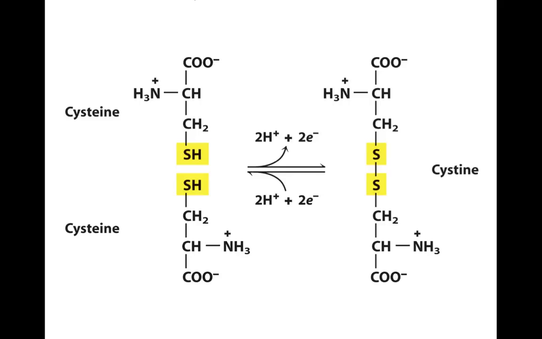We could also define oxidation and reduction in terms of the gain or loss of electrons. But for the purposes of this exercise here, we're going to be looking at the gain and loss of hydrogen. So let's look at reduction first of all. Alright, so reduction.